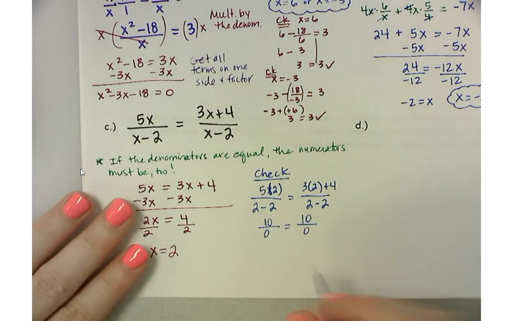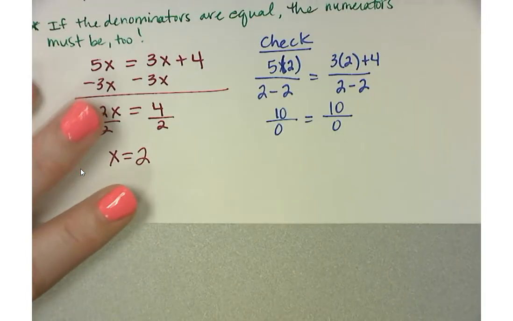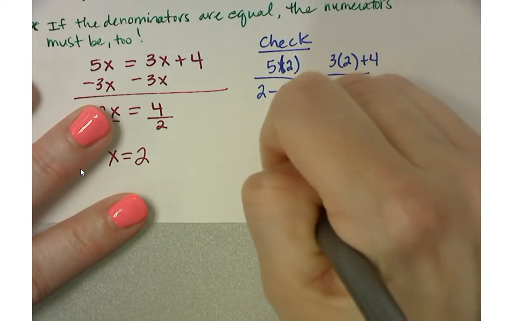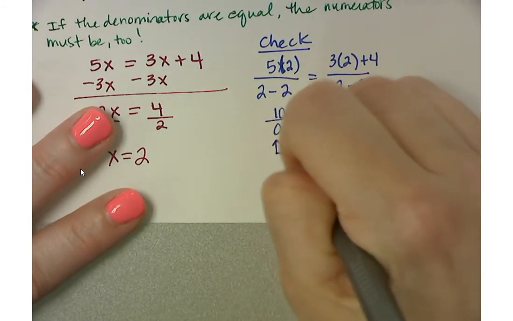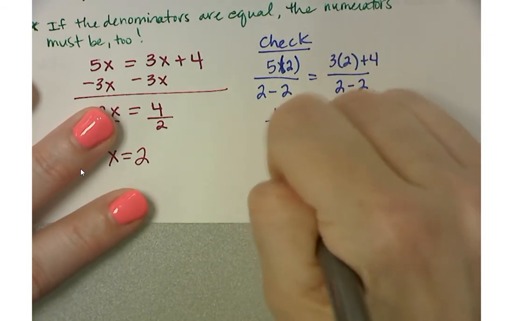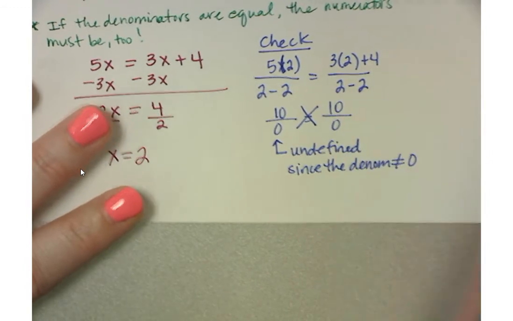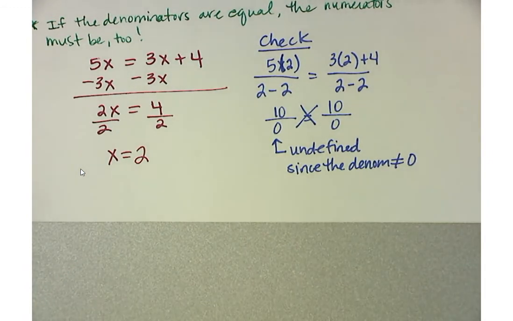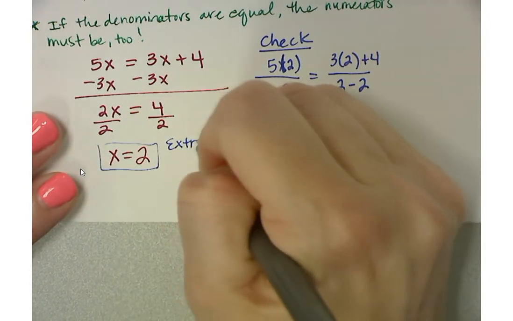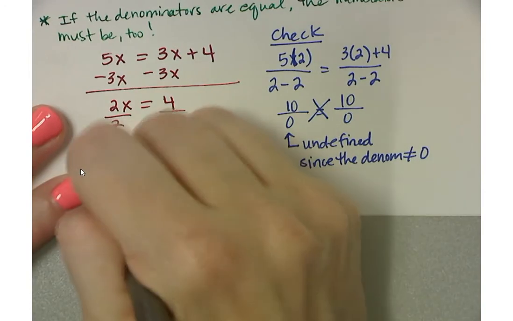So if that happens, then this is an extraneous solution. And what you would say for this is that there is no solution. So that is what you would write on your answer line. You would still need to find the extraneous solution and check it, but 2 would not satisfy that equation.